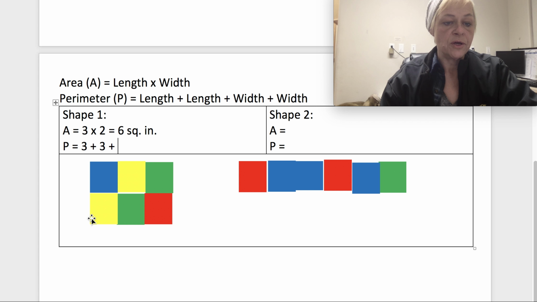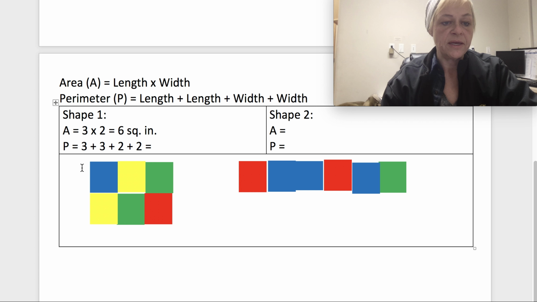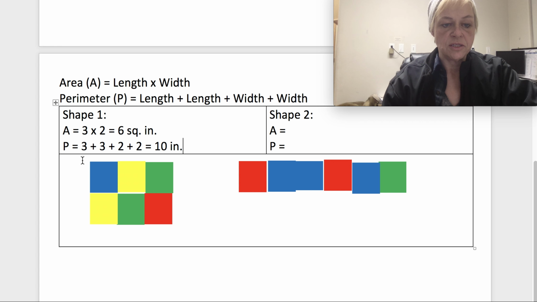The width over here on the left is 1, 2. And the width over here on the right is also 2. When we add those together, we get 3 plus 3 is 6, plus 2 is 8, plus 2 more is 10. The perimeter of this shape is 10 inches.